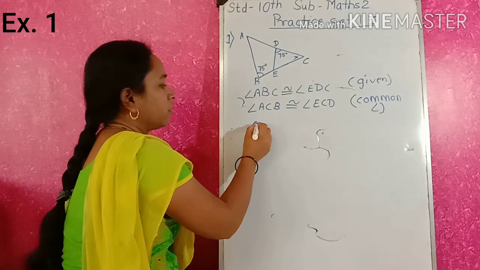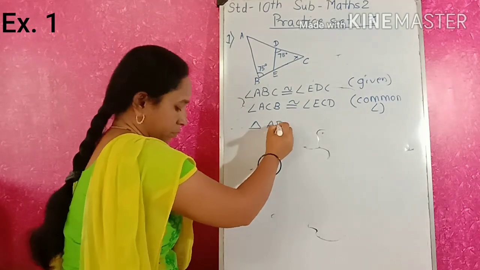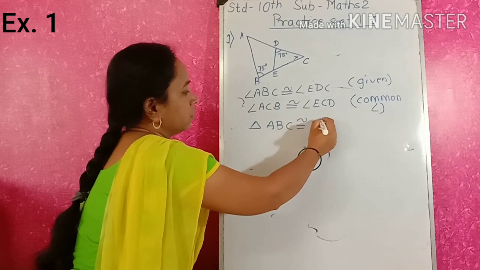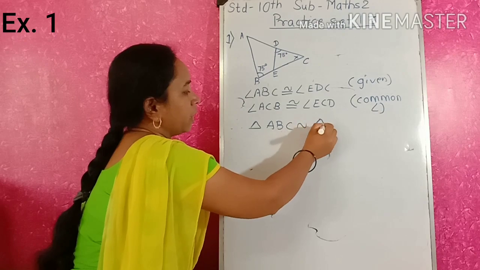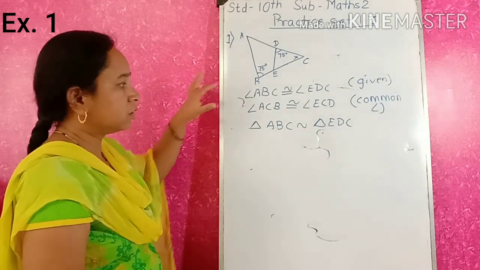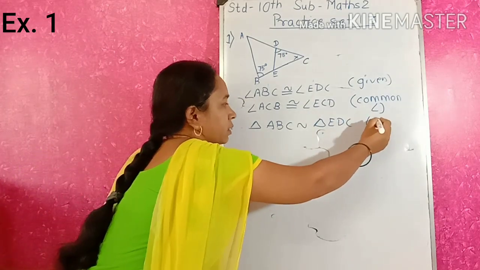Therefore triangle ABC is similar with triangle EDC. By which test? Here I have shown that two angles are congruent, so by AA test.